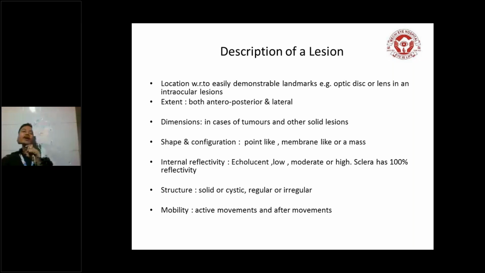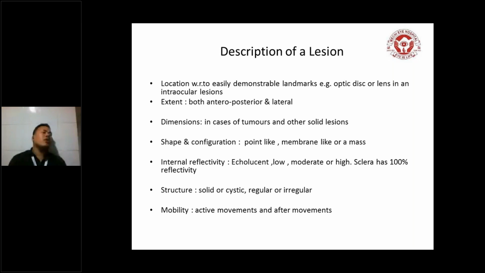Okay. And for extension, we look at up to how much, how deep the lesion goes, whether it is anterior, posterior, or lateral. In case of tumor and surgical lesions, we have to measure the dimension, and we have to look at the shape and configuration of lesions, whether it is point like or membrane like or mass like.